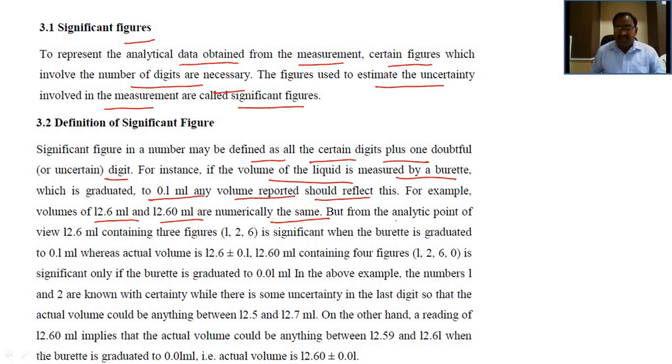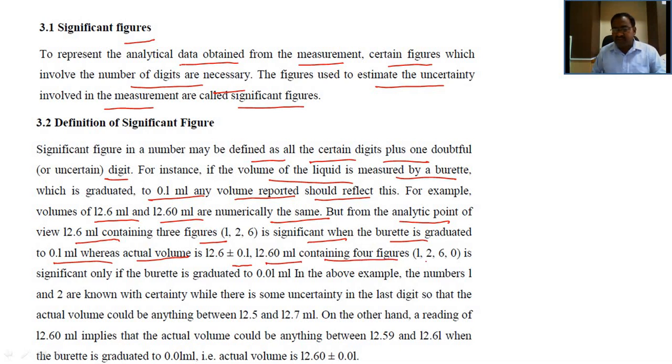But from the analytical point of view, 12.6 ml containing three figures is significant when the burette is graduated to 0.1 ml, whereas the actual volume is 12.6 plus or minus 0.1.